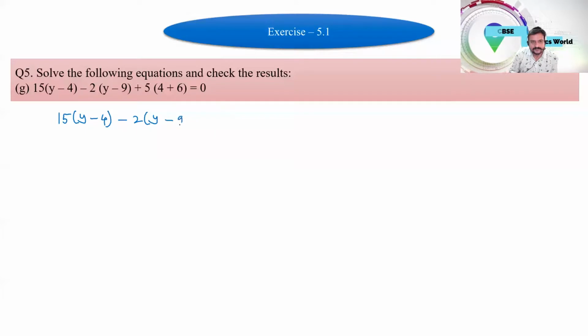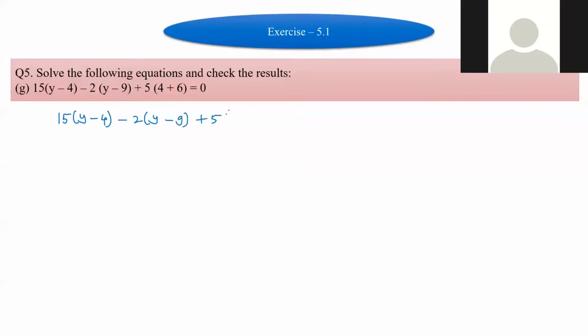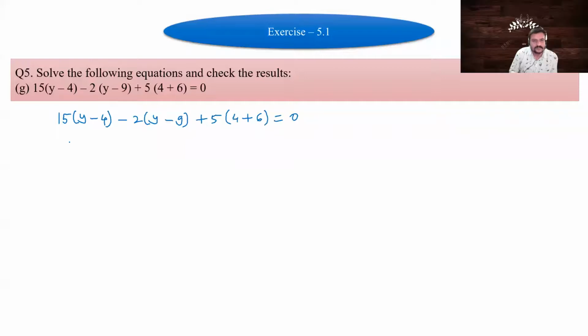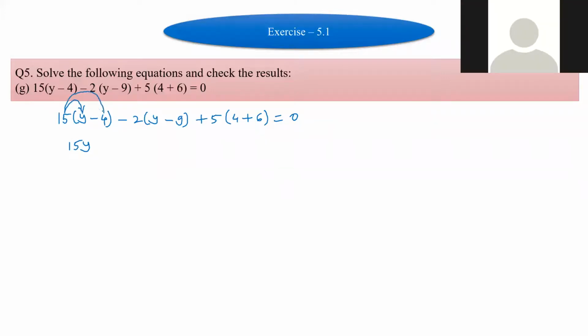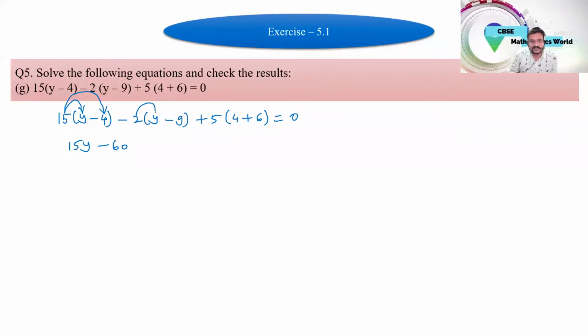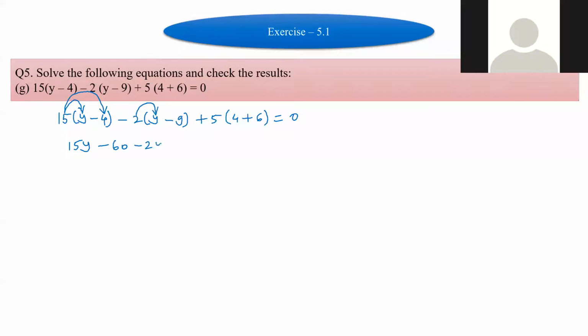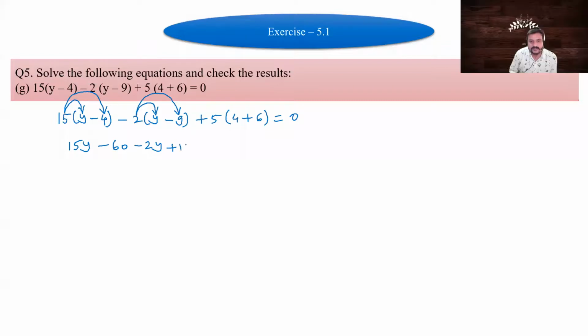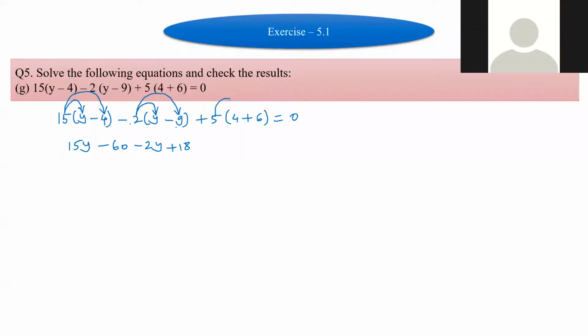Then 15 into 4 is 60, minus 60. Next, minus 2y, and minus 2 multiplied by minus 9 is plus 18. Then plus 5.